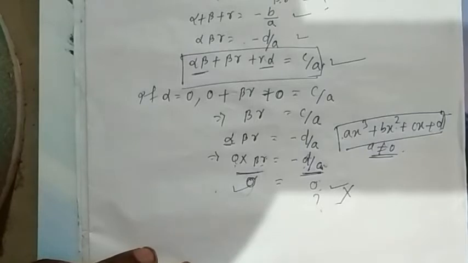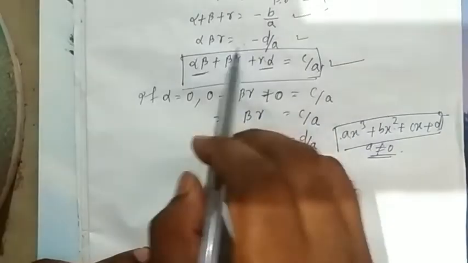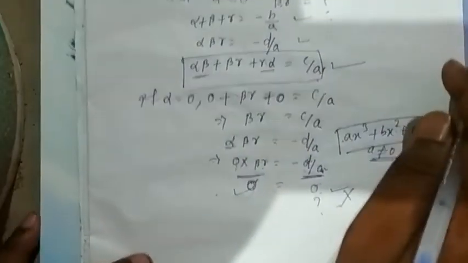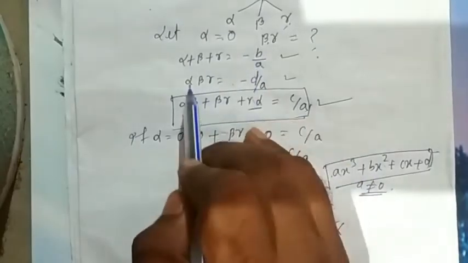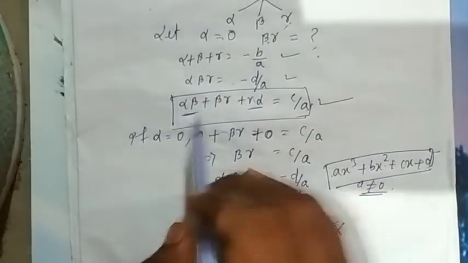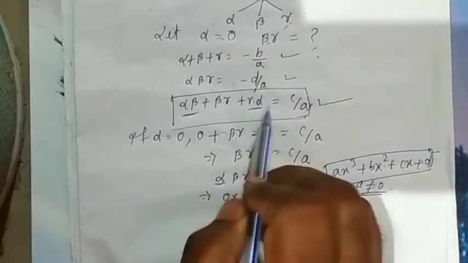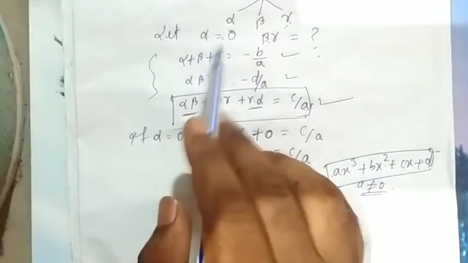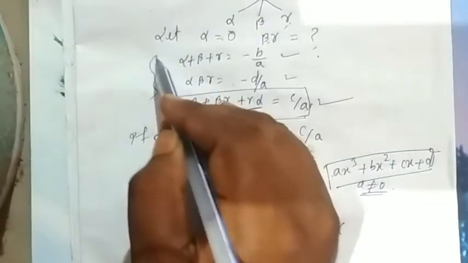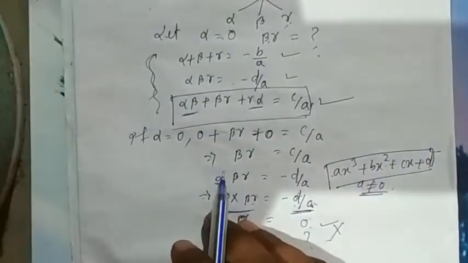Always remember, these three relations: alpha plus beta plus gamma is equal to minus b by a, alpha beta gamma is equal to minus d by a, alpha beta plus beta gamma plus gamma alpha is equal to c by a. For any value of alpha, beta, gamma, these three relations should be satisfied.